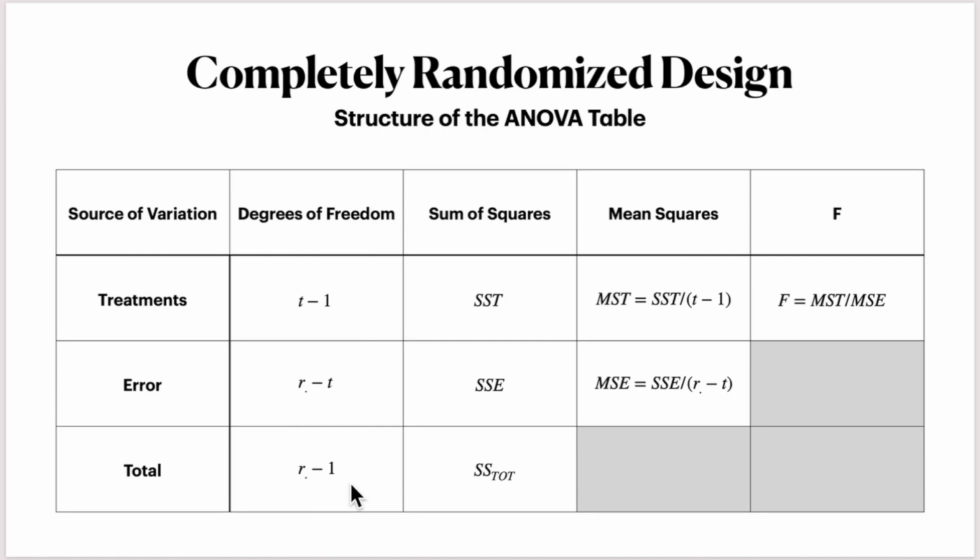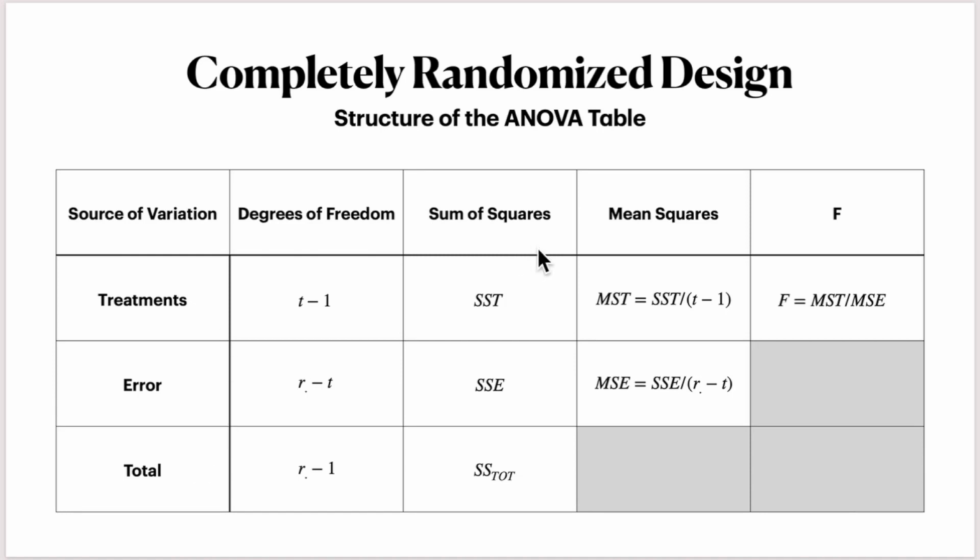And so the total number of degrees of freedom would be r dot minus 1. The error degrees of freedom can be obtained by subtracting the treatment degrees of freedom from the total degrees of freedom. If we do that, we see that it turns out to be r dot minus t. So those are the degrees of freedom associated with each of the sources of variation in the first column.